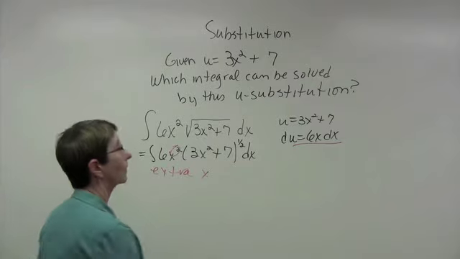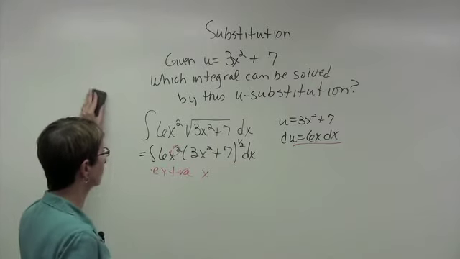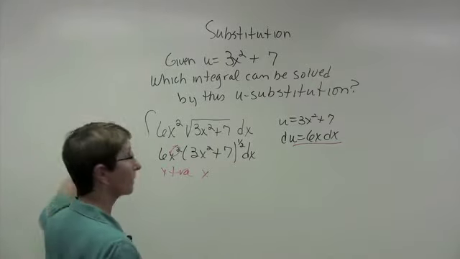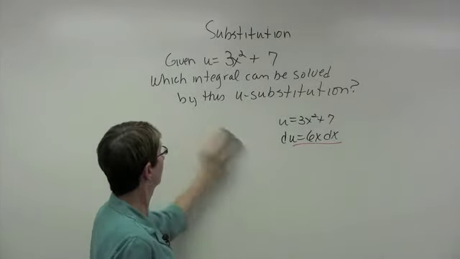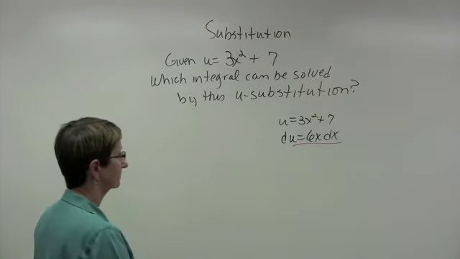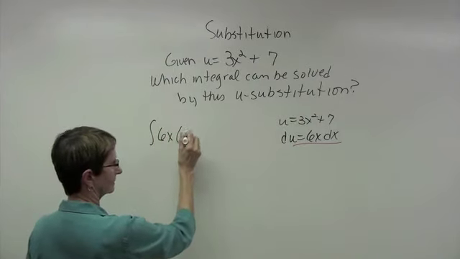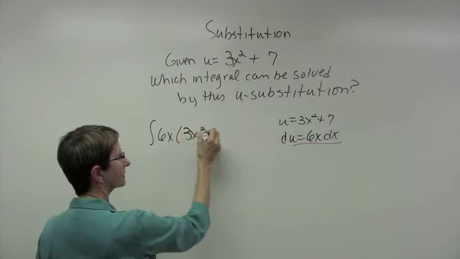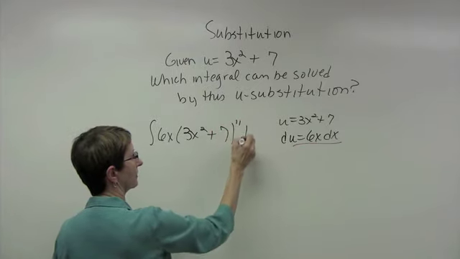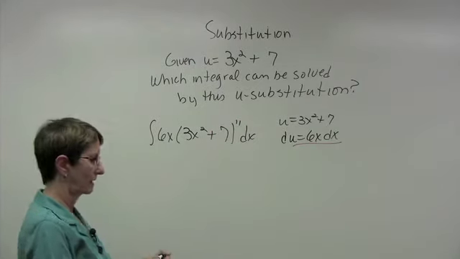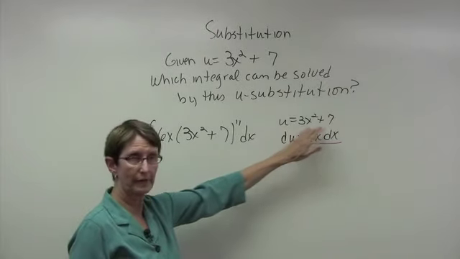Okay. Well, let's try the last integral. See if there's another problem with that, or maybe we'll get one that works. The integral of 6x times (3x squared plus 7) to the 11th. Aha. Okay. We have u equals 3x squared plus 7.